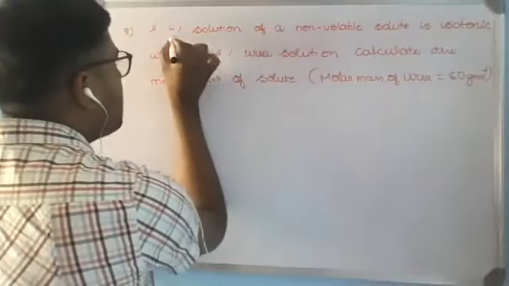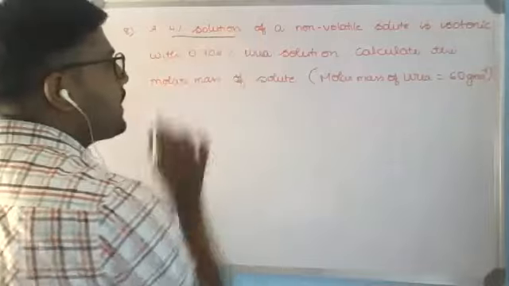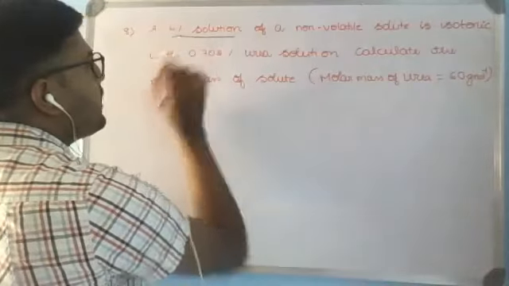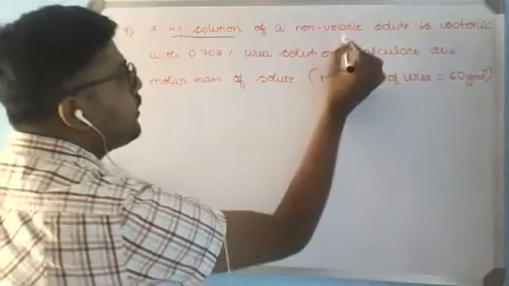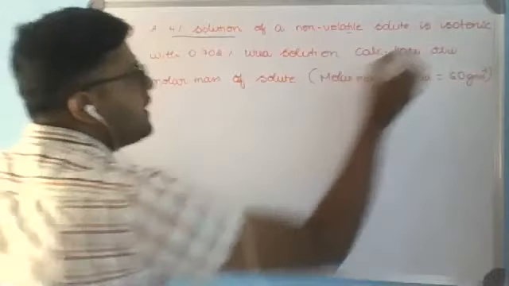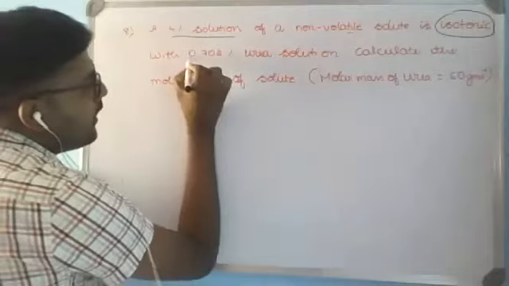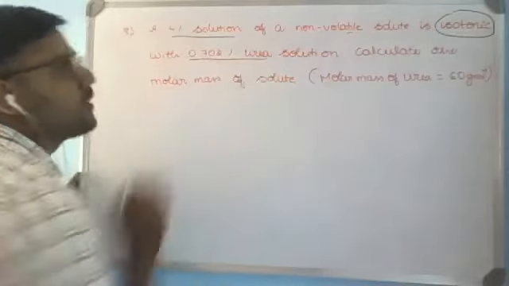They have given a solution of a known substance, which is a 4% solution of that non-volatile solute. It is isotonic with 0.702% of urea solution.